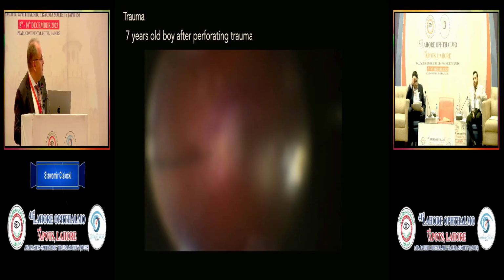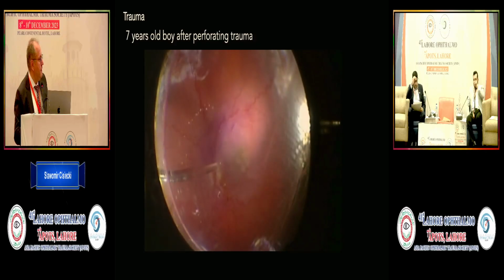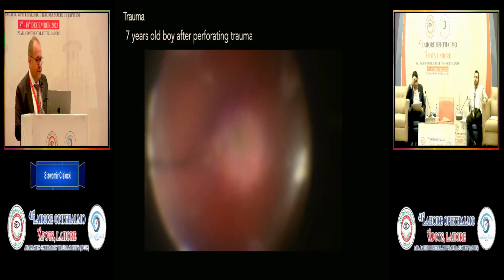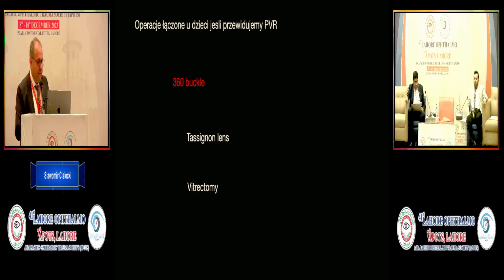The case was turned down for treatment in another hospital, and we did everything we should do, and this is 3 years after silicone oil removal with a best corrected visual acuity of 0.5. So actually we should never give up.